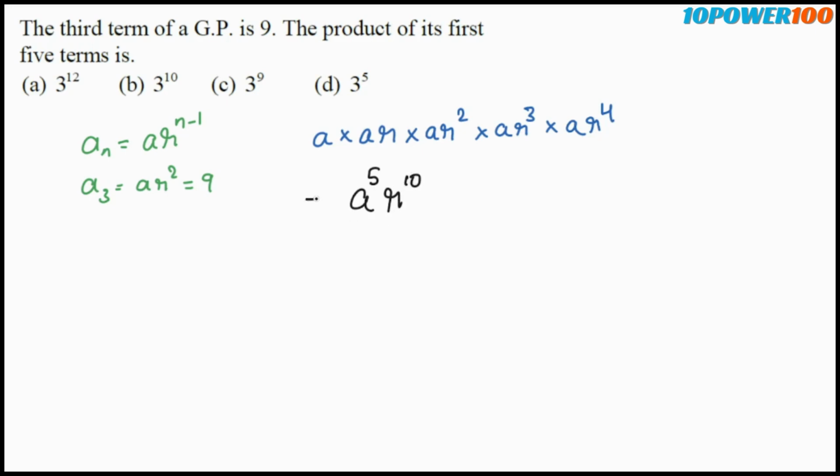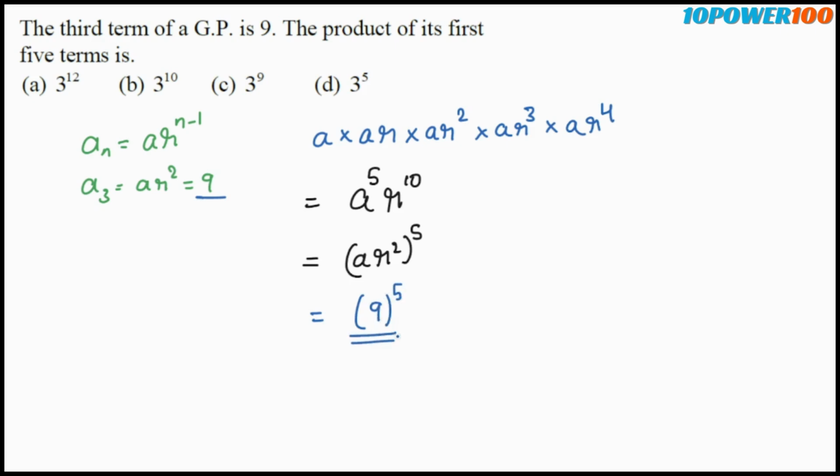Okay, so can I write this as a into r square, the whole power 5? So this can be taken as a r square. Already we know what the a r square value is. It is the third term, that is 9, power 5.